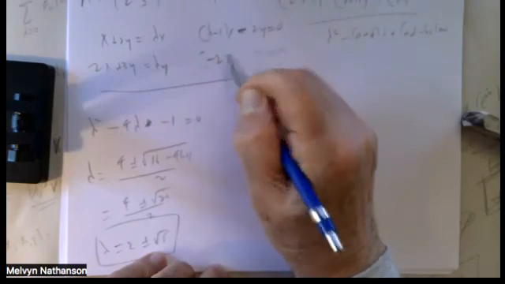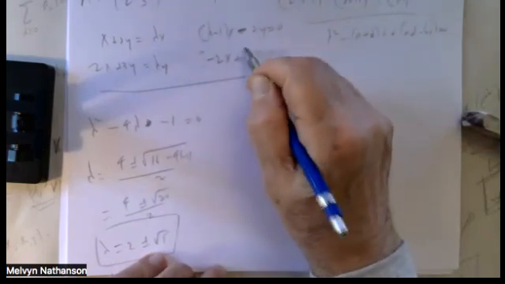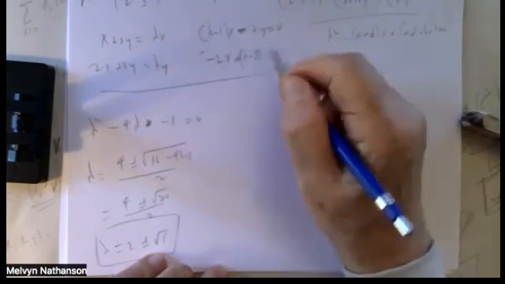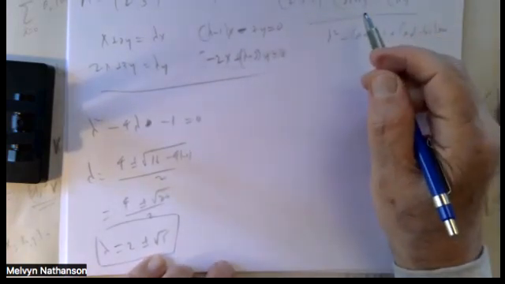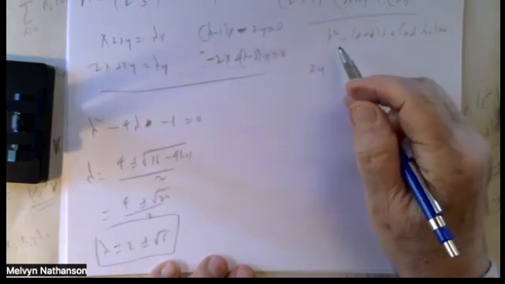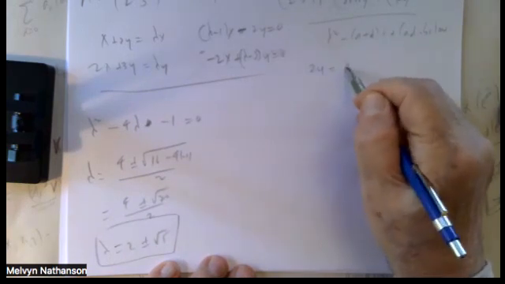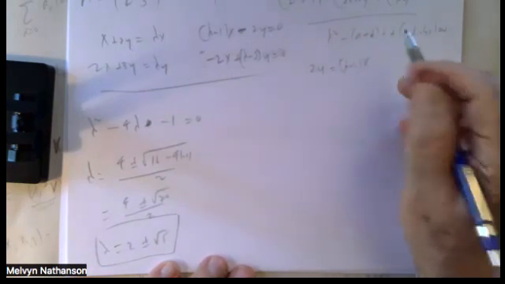So if I bring everything from the left side to the right side, I get minus 2x plus lambda minus 3 times y equals 0. Or maybe I should have simply said 2y equals lambda minus 1 times x.